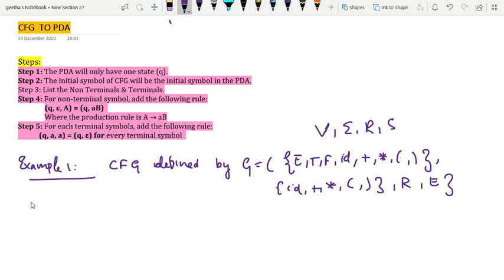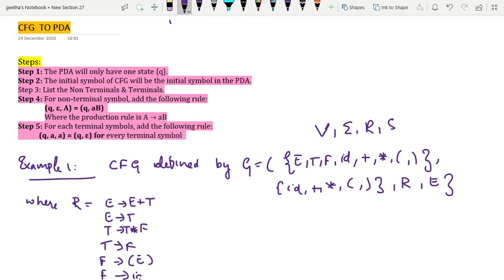R equals: E gives E plus T, E gives T, T gives T star F, T gives F, F gives parenthesis E, and then F gives ID.